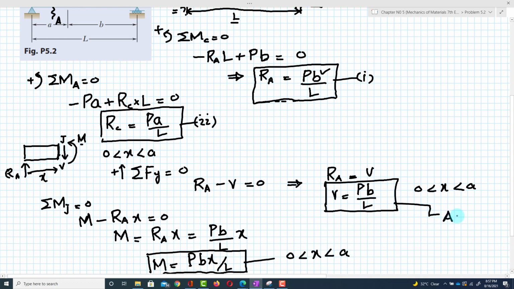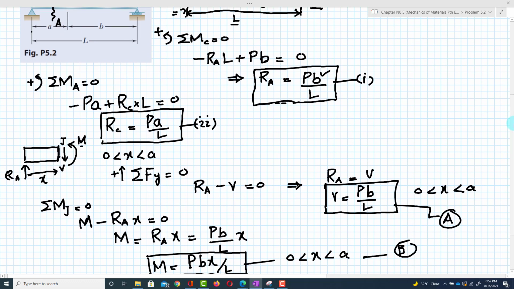Let's say this is equation A and this is equation B, and we will use equations A and B for drawing the bending moment and shear force diagram when x is greater than 0 and x is less than A. Now we will move toward this section.